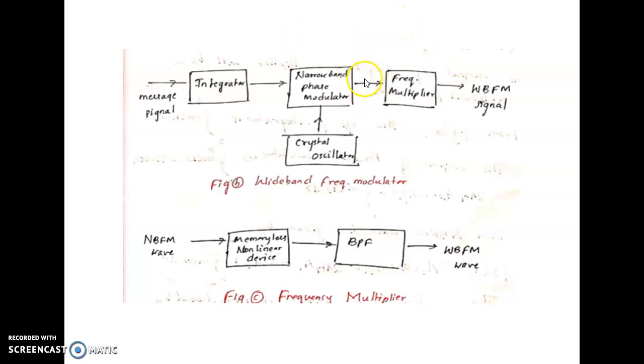If you apply a carrier frequency of f1 with a frequency deviation of delta f1 at the input, then at the output of the frequency multiplier the carrier frequency will be n into f1 and the frequency deviation will be n into delta f1. That n is the multiplication factor that this multiplier introduces.